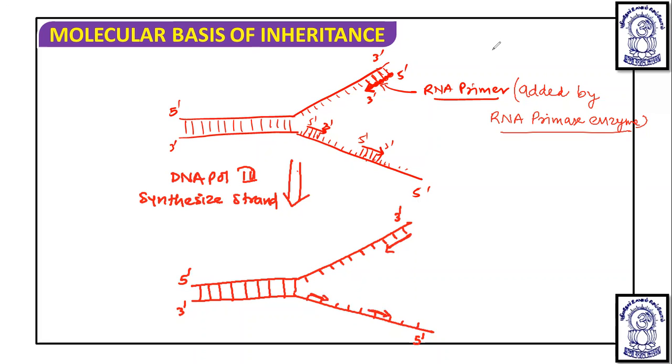Now here what will happen? The DNA polymerase 3 will sit like this, and this DNA polymerase 3 will add a nucleotide like this, and it will continuously synthesize the DNA strand.